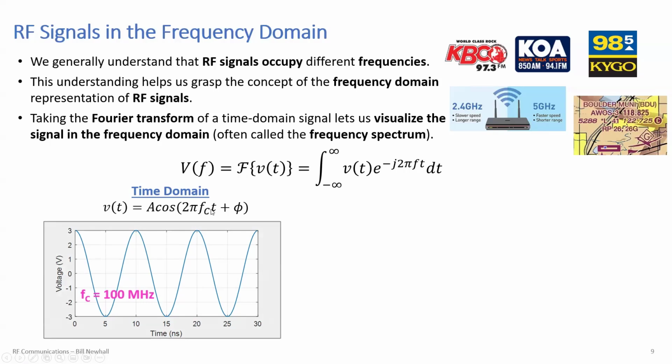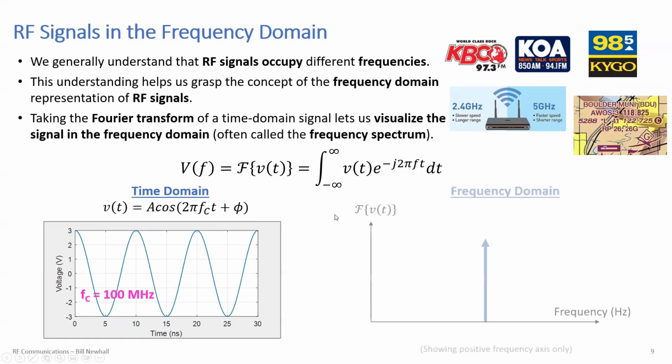A cos(2 pi fc t + phi) is a time domain waveform because it changes with time. Right? You could plot it versus time. In the frequency domain, we have some value, which is this capital V of f, or the Fourier transform of V of t. We're saying that is some value versus frequency. We're looking at how the signal occupies the frequency domain, the frequency space, instead of the time domain.